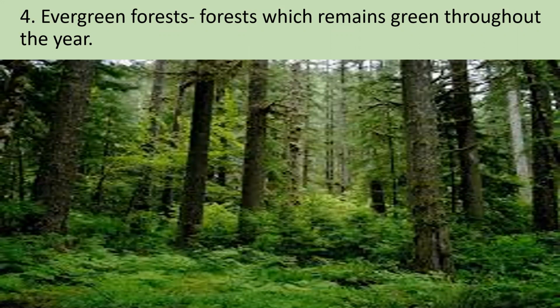Yes, the trees do shed their leaves, but at one point of time, one type of trees shed their leaves while the others remain green. Then at another time, the other type of trees start shedding their leaves, and the rest remain green. It is not like the trees that shed their leaves all at once in the autumn season. That doesn't happen in the evergreen forest.